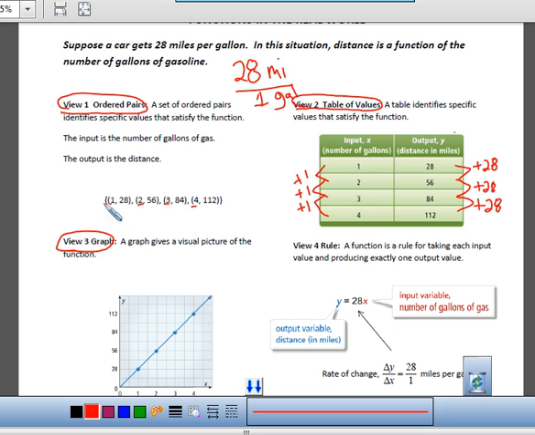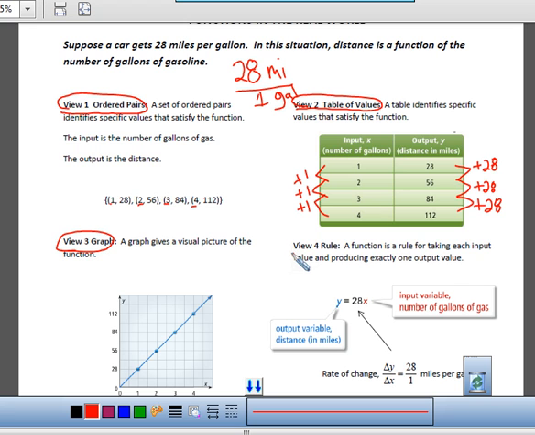So, if I've got a half a gallon, is there going to be a number of miles that I can go? And the answer is yes. So that's why it's okay to connect these dots, and in most cases it is, because there's going to be values in between. It's continuous. It goes from one dot to the next. At 1.5 or 2.5 gallons, there is a certain number of miles.